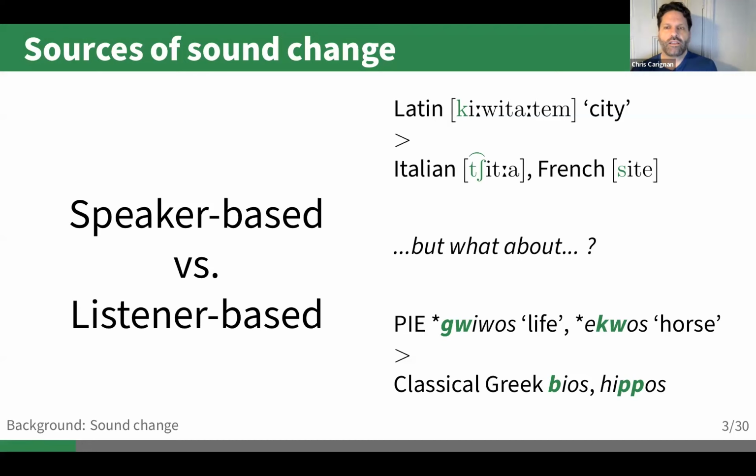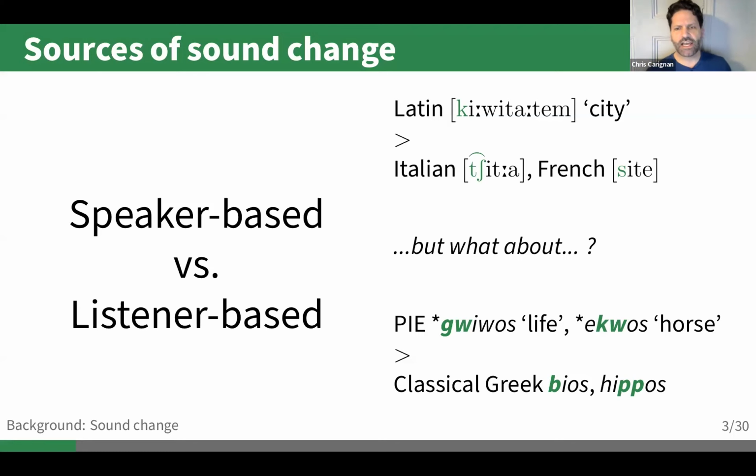Now, the reason why the example above, palatalization, makes sense, this physical constraint, is because there's one articulator that's sharing resources over time, right? So the tongue can't split into two and be in both places at the same time.